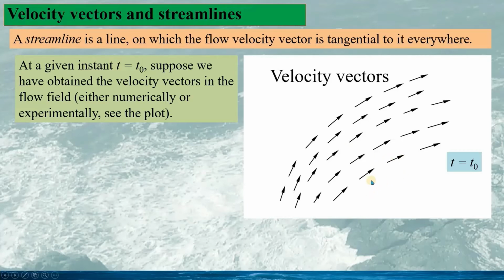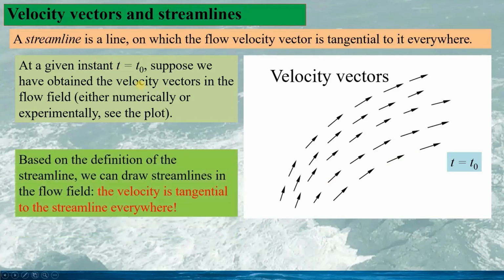We can either obtain this by numeric simulation or from the experiment measurement. Based on the definition of streamline, we can draw streamlines in the flow field, such as the dashed red line. We can see the velocity is tangent to the streamlines everywhere.